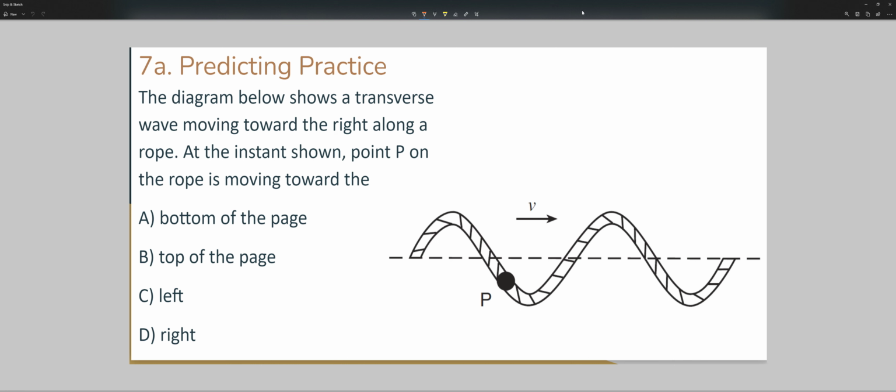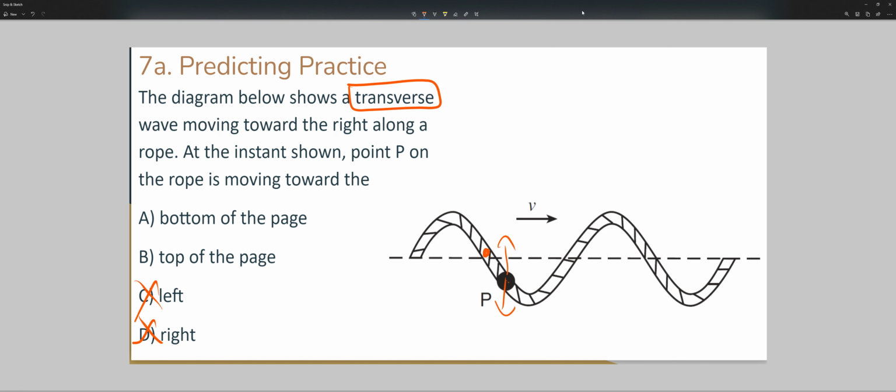This is a transverse wave, so there are only two ways you can vibrate, up or down, so answer choices C and D are automatically incorrect. Again, if the wave is moving to the right, you want to look at the wave to its left, and the particle will be along that line in the future. So it's going to go up.